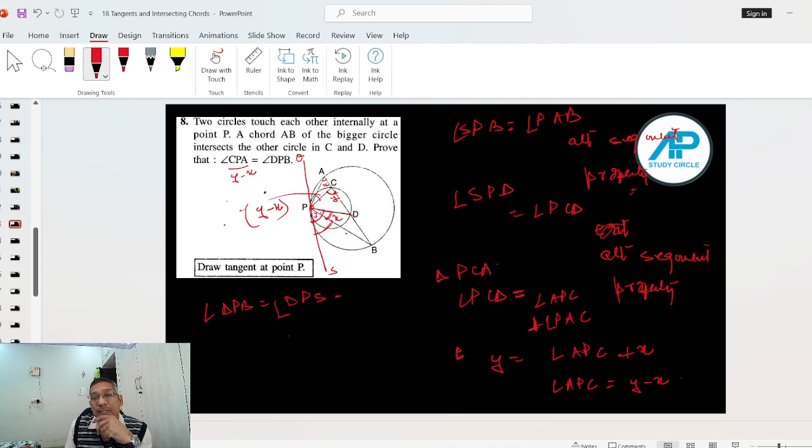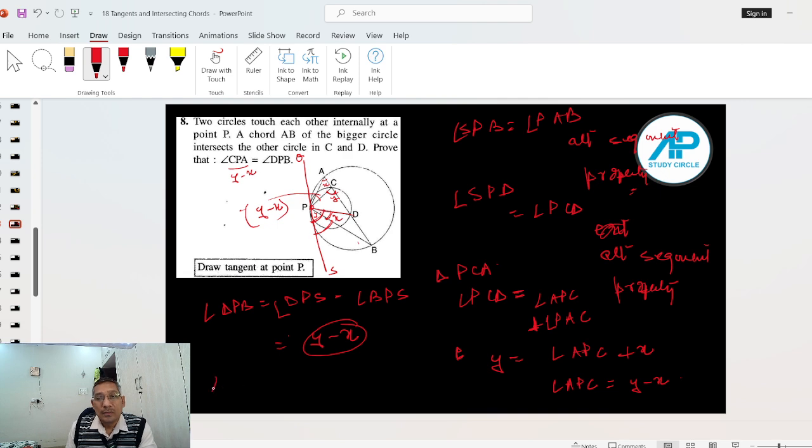DPB is equal to the angle DPS minus BPS. This gives me again the value as Y minus X.